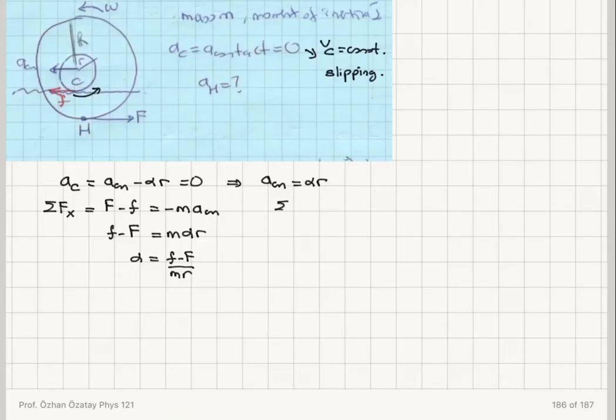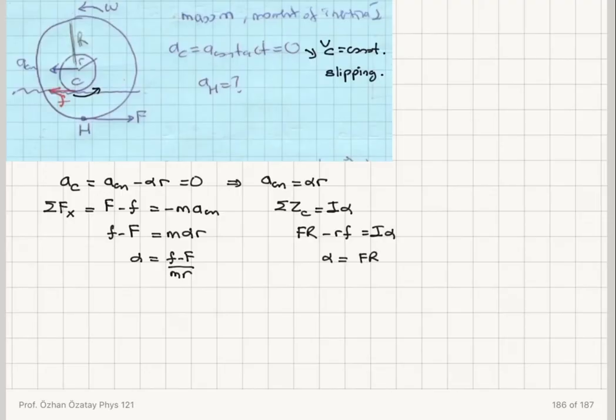Now, if I write the torque with respect to the center, the net torque with respect to the center point C will be equal to I times alpha. So this is going to give me capital F times R, that is clockwise, and small r times F counterclockwise. This is equal to I times alpha.